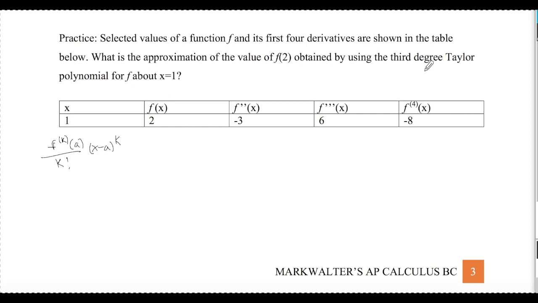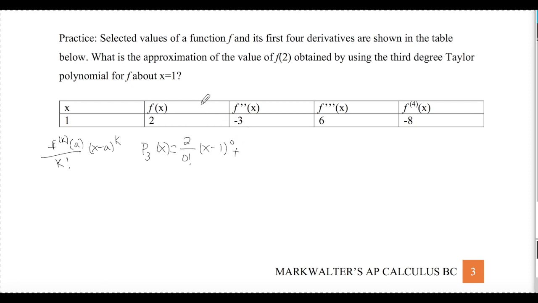Okay, we want the third degree Taylor polynomial. Looks like we got all the things we need here. We just got to lay it out. So our third degree Taylor polynomial centered at 1 is, let's see, the 0th derivative is 2 over 0 factorial x minus 1 to the 0 plus, oh man, this got funky.